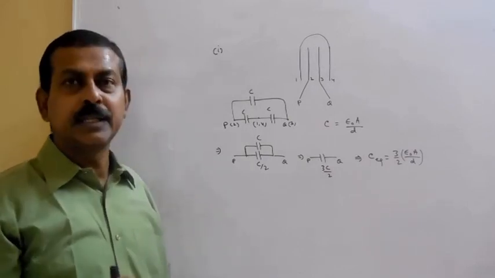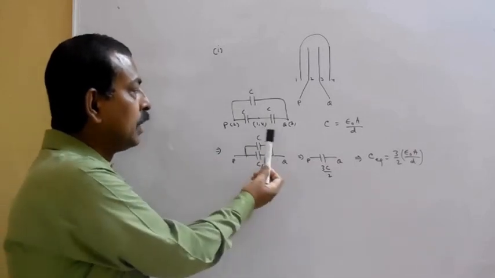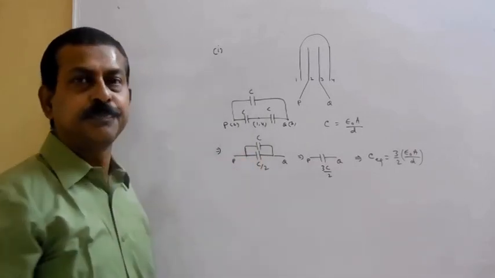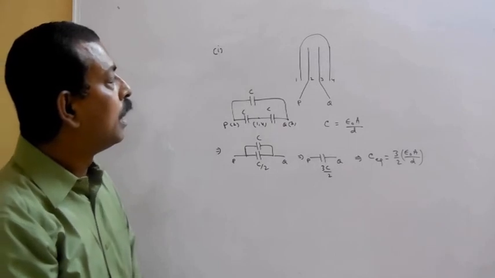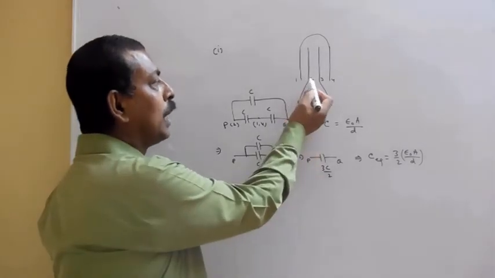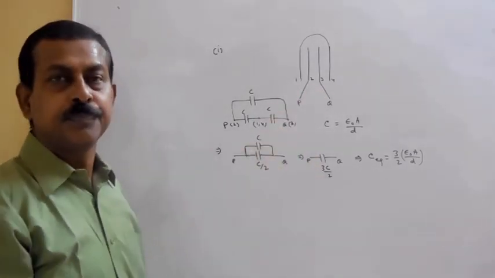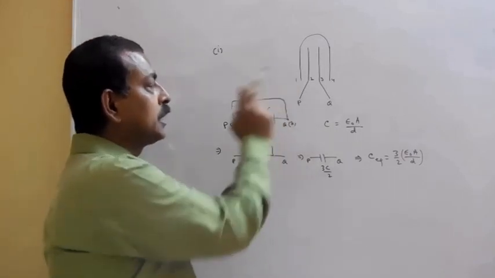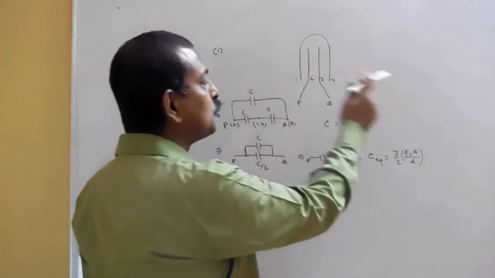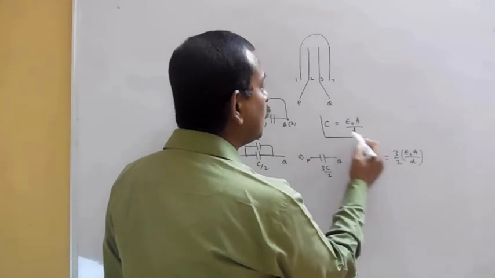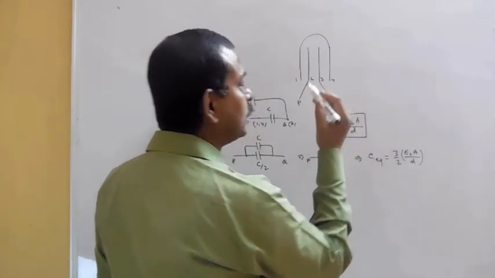So we have represented them as a single point here, 1 and 4. Now you see, between the plates 1 and 2, there is one capacitor, and the capacitance of each one will be epsilon naught A by D.